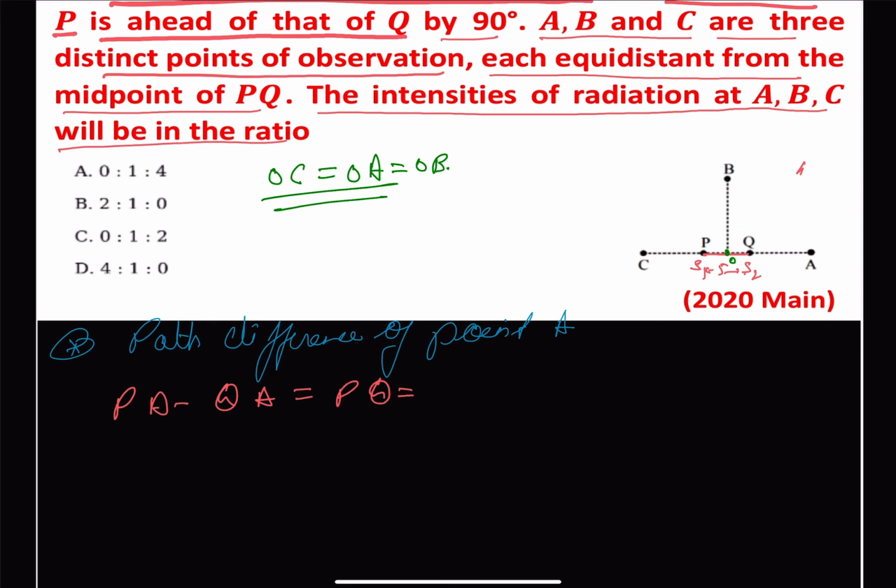And PQ is given to us as 5. Therefore, we can say delta x_A is equal to 5 meters. Now we can write the phase difference at point A.